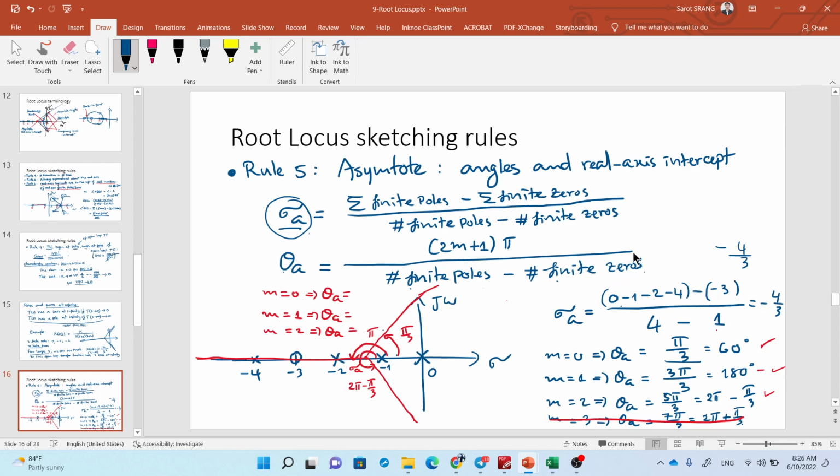Because if we have a polynomial of degree 2, we always have two roots, and those two roots are finite zeros. Same for the other polynomial: a 3-degree polynomial has three roots. So if there are 3 finite poles minus 2 finite zeros, then we have just one asymptote.